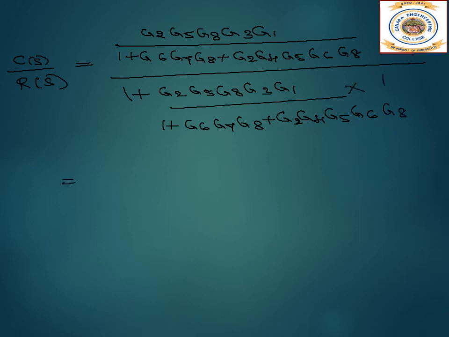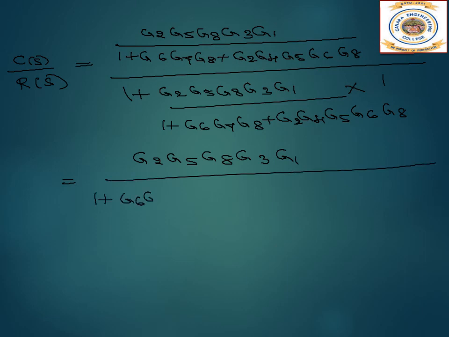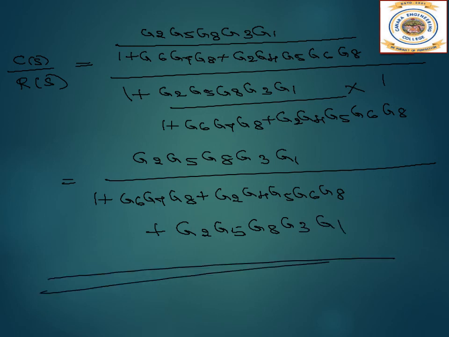So after simplification, taking the common denominator: G2, G5, G8, G3, G1 whole divided by 1 plus G6, G7, G8 plus G2, G4, G5, G6, G8 plus G2, G5, G8, G3, G1. This is the answer for the transfer function.